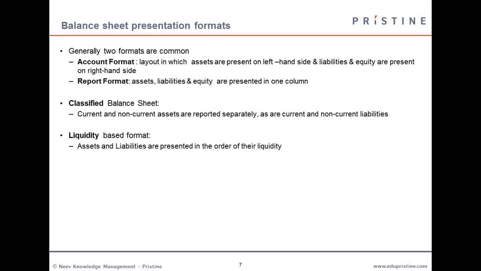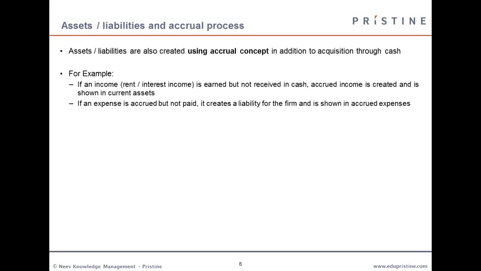The assets and liabilities are presented in the order of their liquidity. So cash is the most liquid asset, it comes first, then cash equivalents, then accounts receivable, and then inventory in the case of assets. That's an example I took. Similarly, in the case of liabilities, we have the presentation in the order of liquidity.